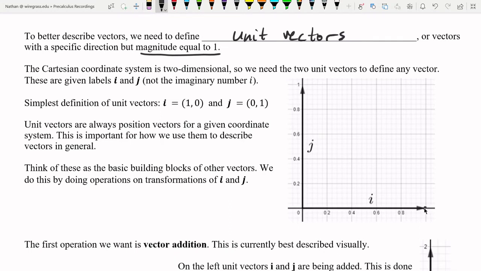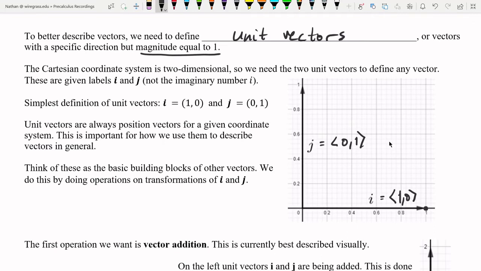It's going to point to 1. That's a length of 1, right? So that means that this is going to be the vector <1, 0>, using coordinates. And then j is going to be the vector <0, 1>. So it's going to point in the positive y direction.